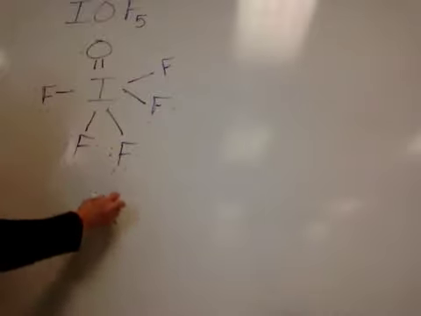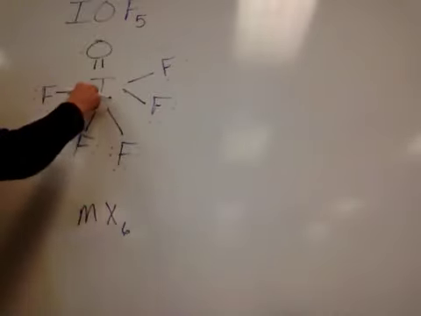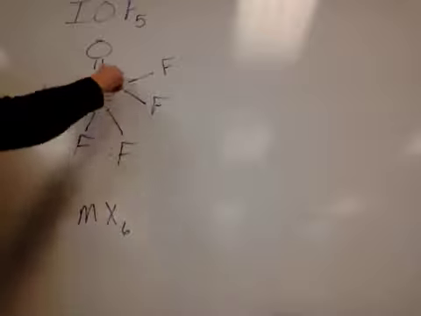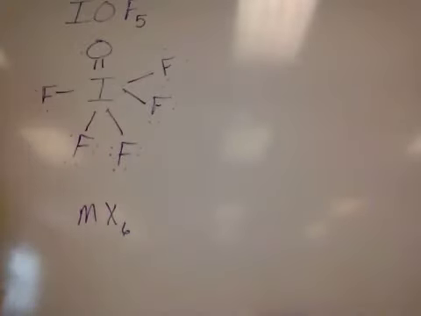So I have X6. Does my iodine have any extra electrons left? Nope. So I'm going to go to my cheat sheet and I'm going to look for MX6 and I'm going to find that it is what shape? Octahedral.